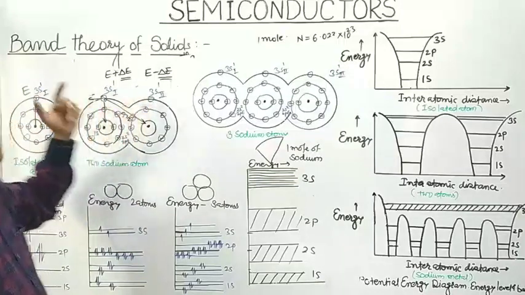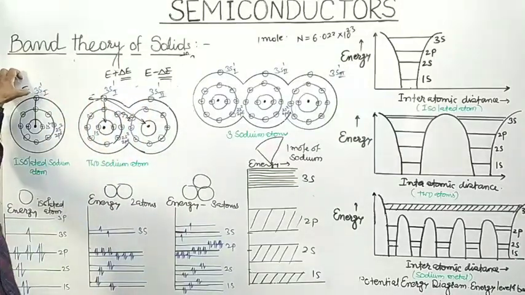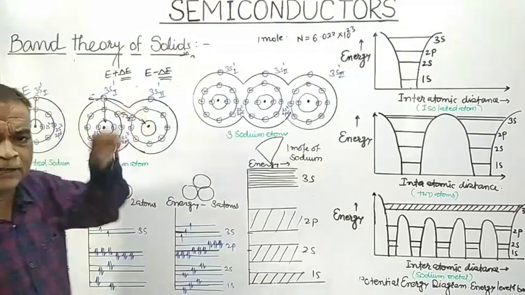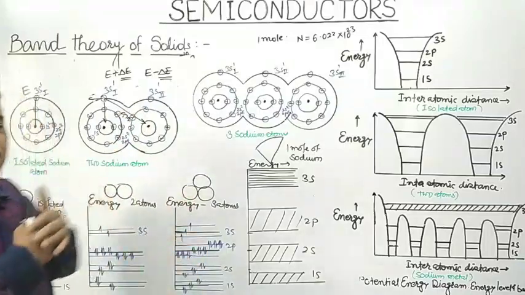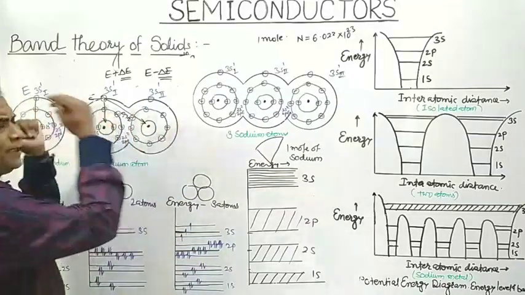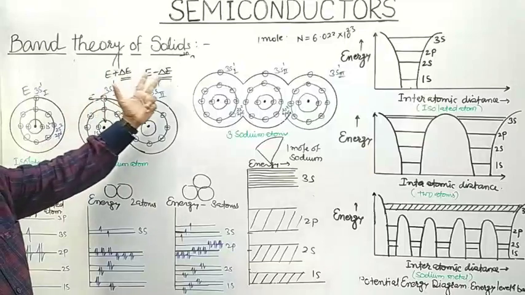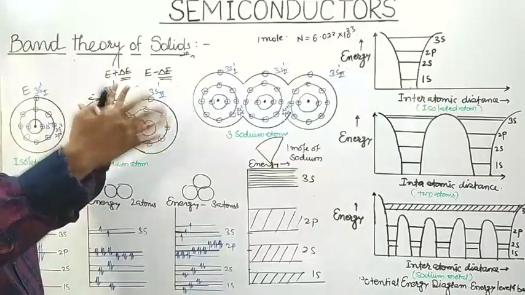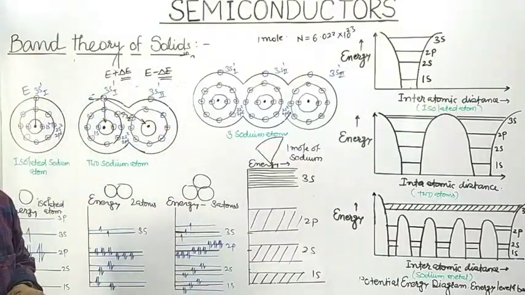Their energies are different from their original energy in the same orbit. The energy possessed by the 3s electrons of the two sodium atoms is slightly different, slightly more or slightly less than their original energy.